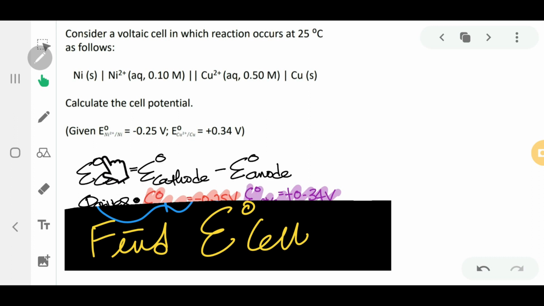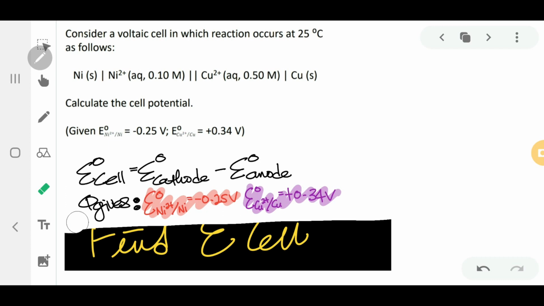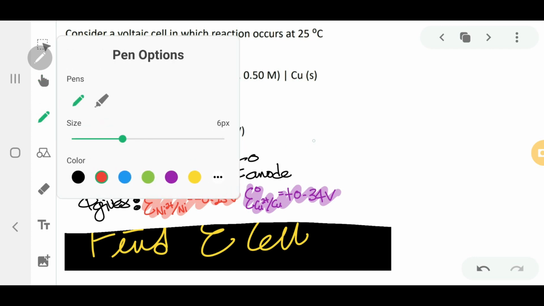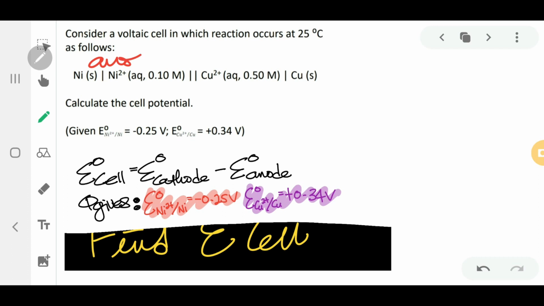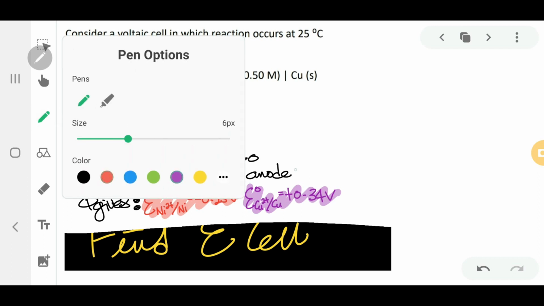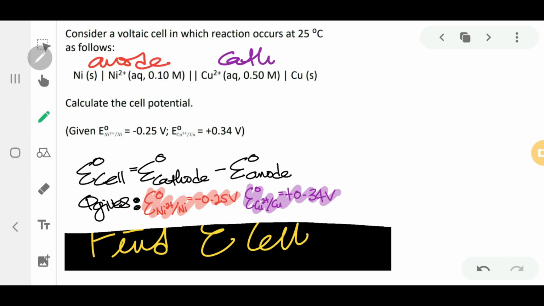Remember, this is the standard cell potential. When you look at what the question gives, and like what we have talked about just now, nickel is the anode and copper is the cathode based on the question.